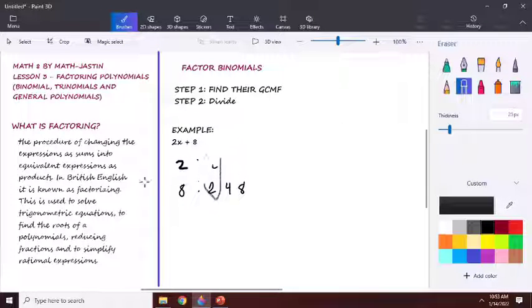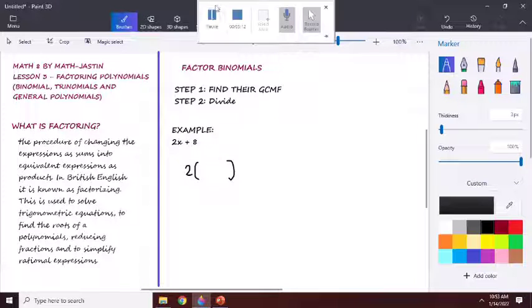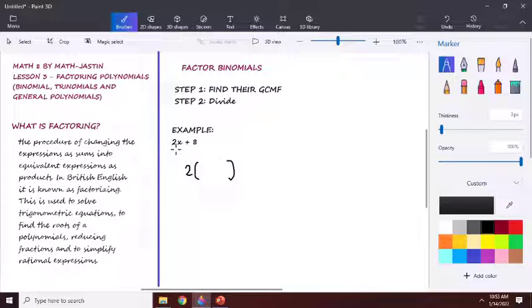Okay, so we have 2. Let me erase this first, since this is my first time using a pen tablet like this on the spot. Now, since our GCMF is 2, we are going to factorize using the distributive property. So 2x divided by 2 is x, and 8 divided by 2 is 4.